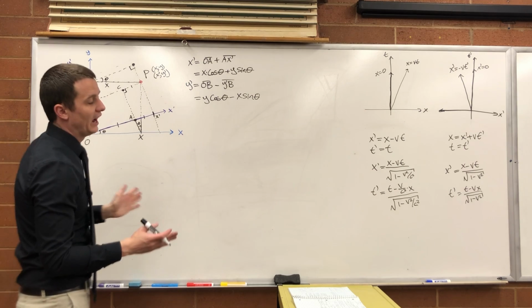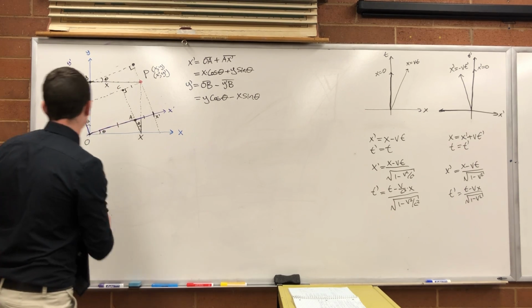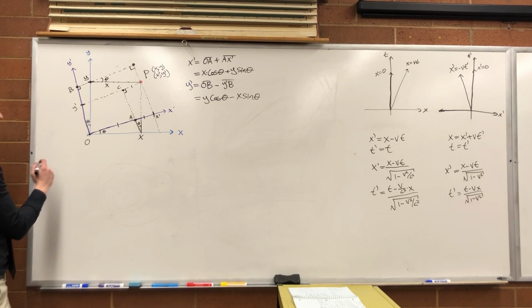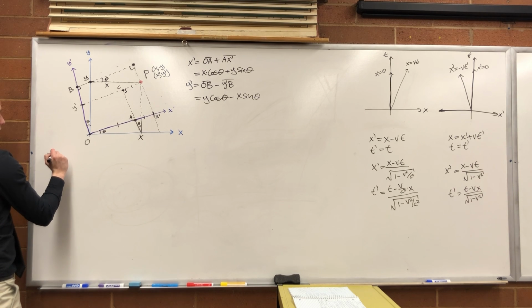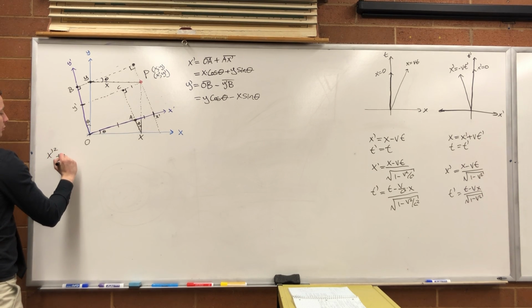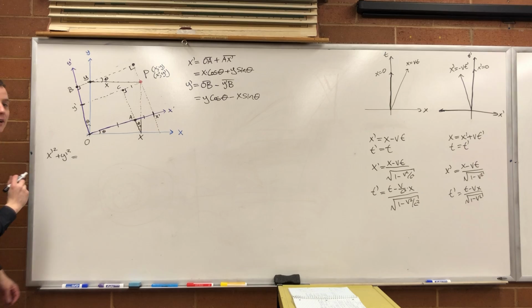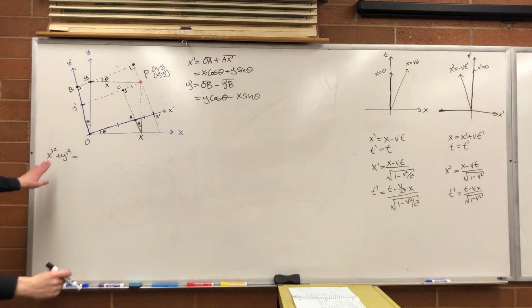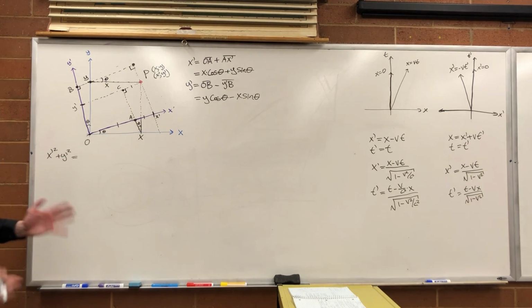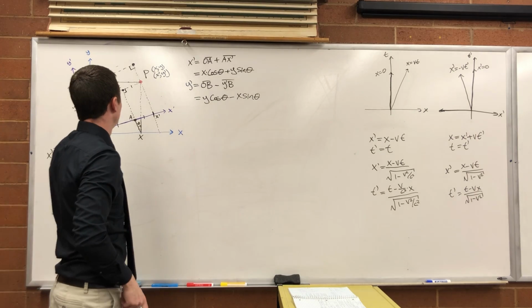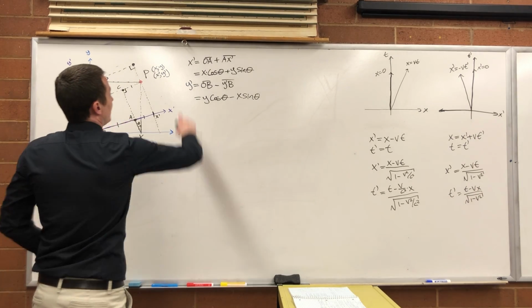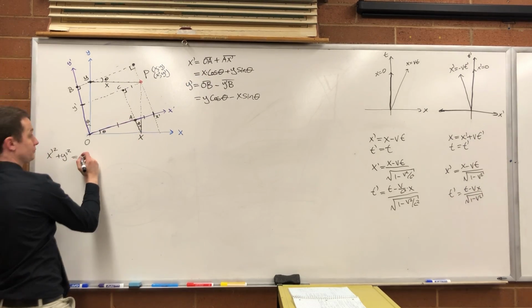And notice now that x squared plus y squared is going to be x prime squared plus y prime squared. Let's double check that. So we're going to look at x prime squared plus y prime squared, and we better get x squared plus y squared. We expect the Pythagorean theorem to hold in both cases. So x prime is equal to this.